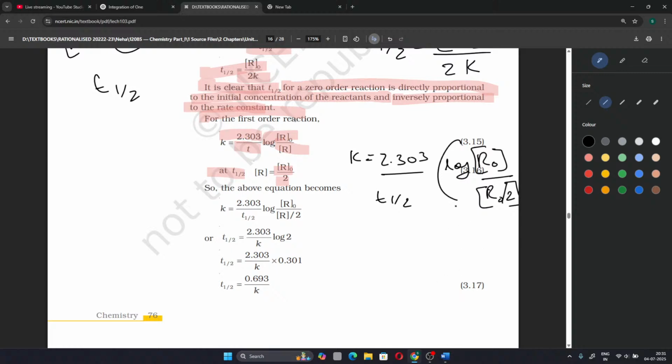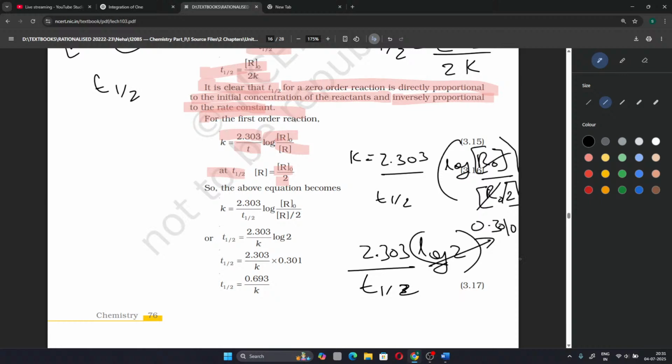So you can cancel R naught and get log of 2 over t half. The value of log 2 is 0.3010.